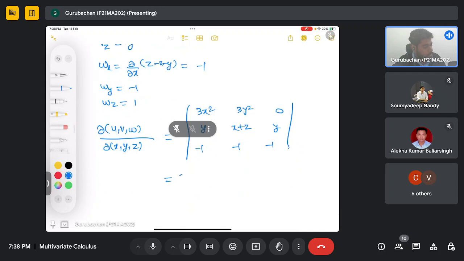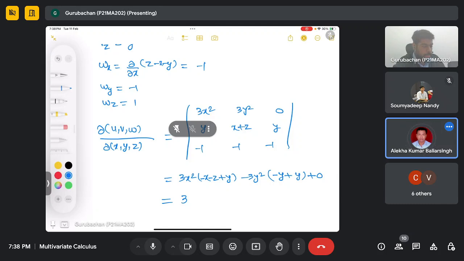So this will then again be something else. The first row will give us 3x square into minus x minus z plus y, and the second row will give minus y plus y, so this will be y plus y.